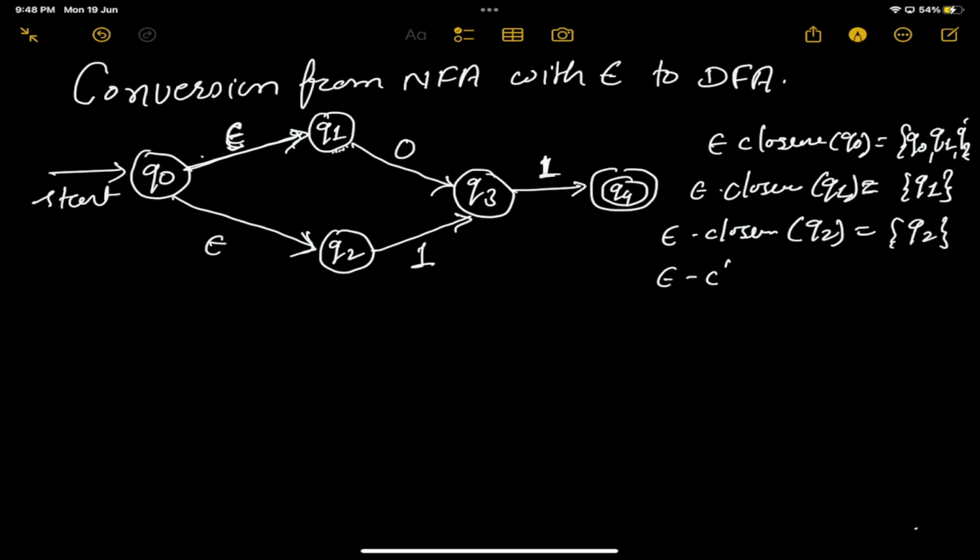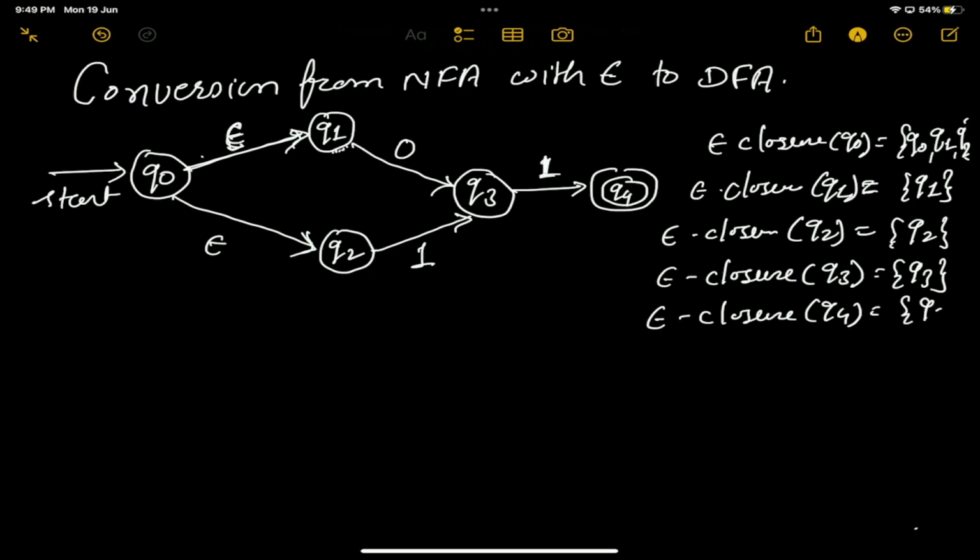The epsilon closure of state Q3 is Q3 itself, and the epsilon closure of state Q4 is Q4 itself. This is the first step, to find the epsilon closure of each state. So the epsilon closure of Q0 is Q0, Q1 and Q2.